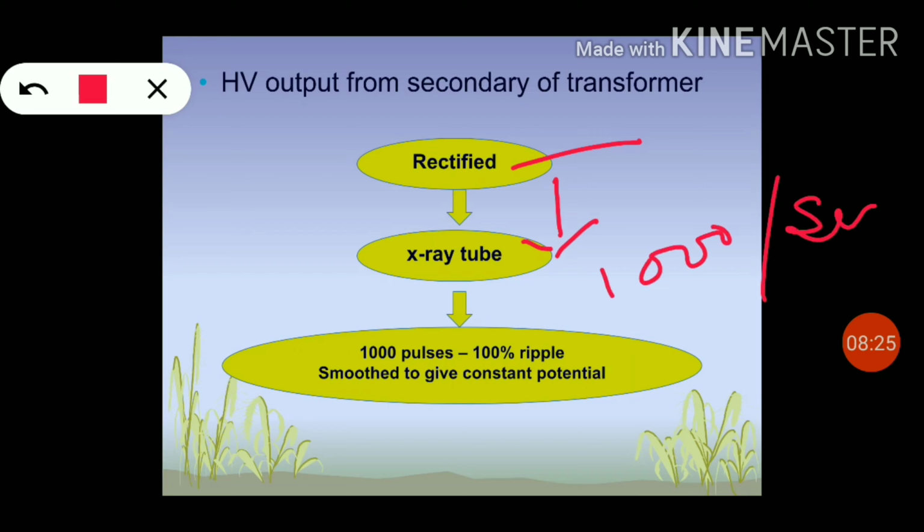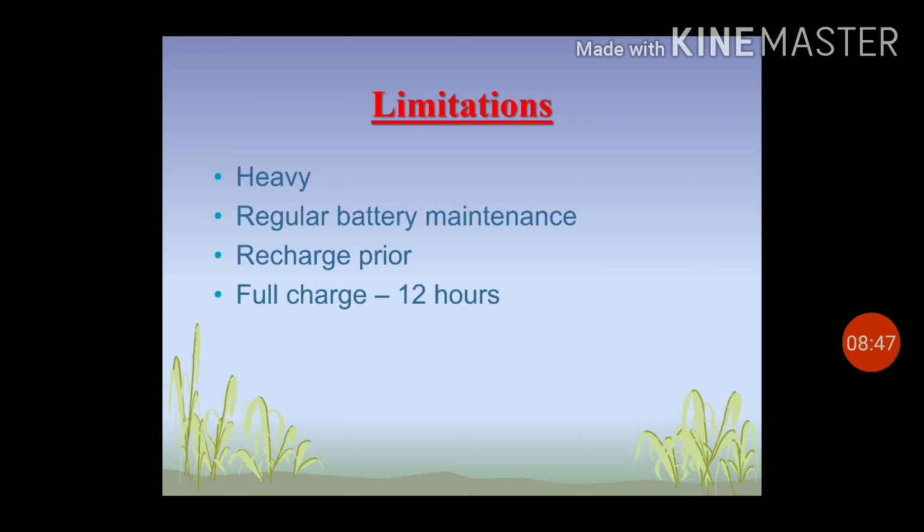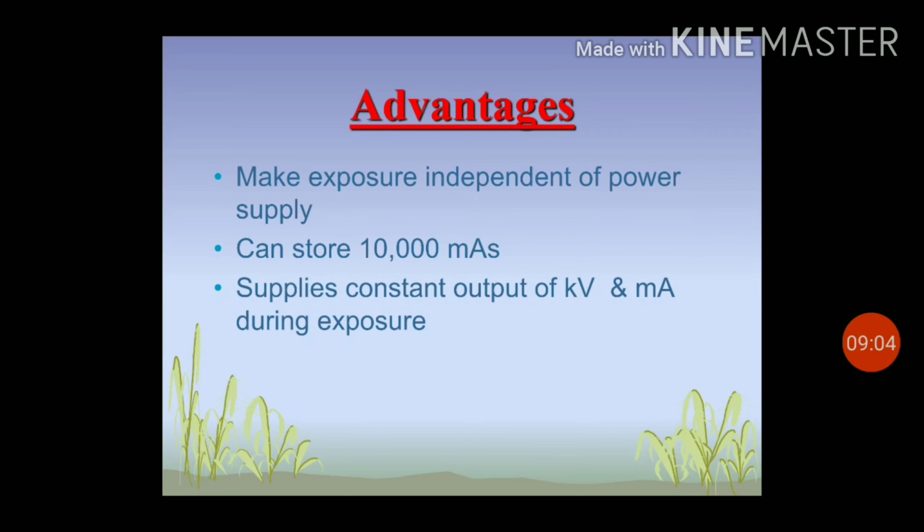At this frequency, the waveform is smooth enough to give a constant potential to the unit. Battery powered portable units have some limitations. They are heavy in size and require regular battery maintenance. The battery can be recharged from the power supply, and full charging will take 12 hours.